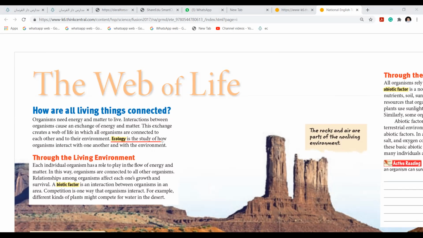Ecology is the study of organisms and environment. When I say biotic factor, you will say they are nothing but living things. When I say abiotic factor, you will say they are non-living things.